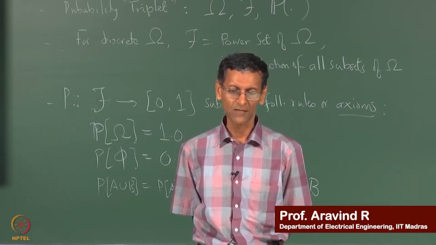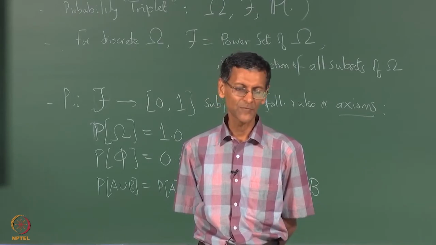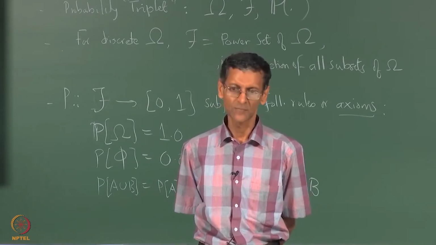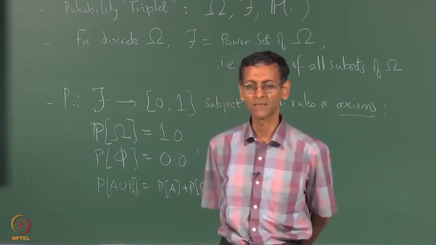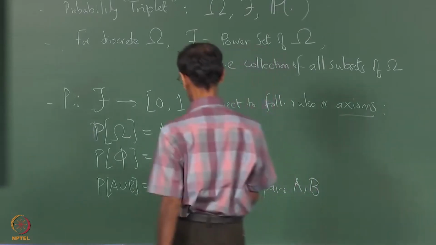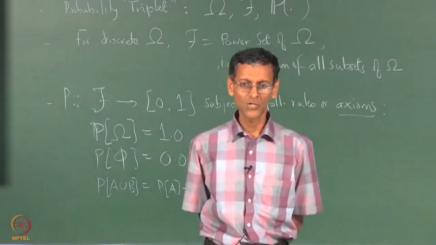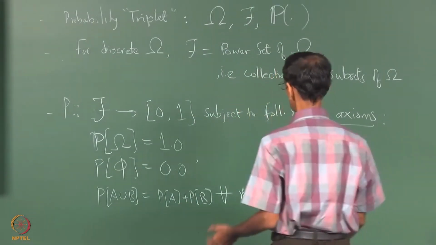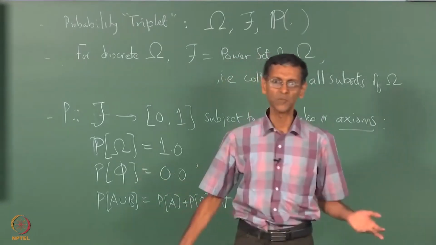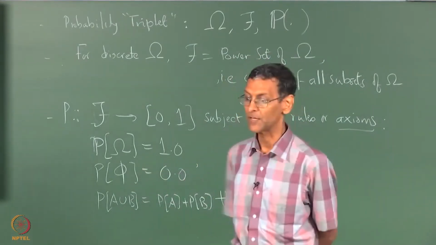Everybody uses it worldwide, and has been using it ever since this formalism was put in place. And of course, the null set has 0 probability, which is also very intuitive, because the null set corresponds to the impossible event. You want it to have 0 probability anyhow.